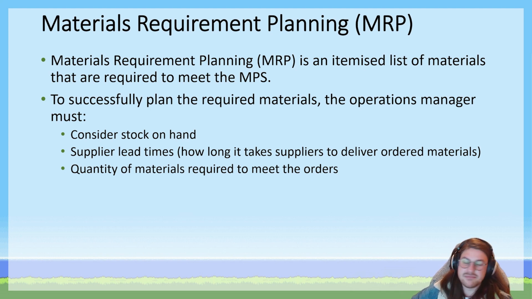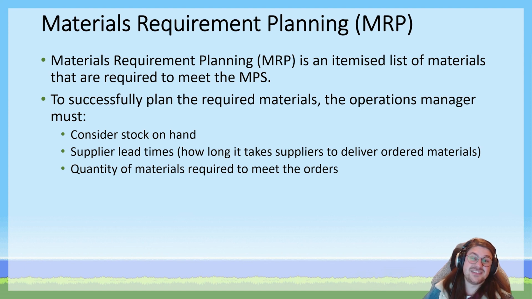Part of your materials requirement planning would be ensuring that you have the quantities of inputs required to meet your master production schedule. Certainly, it would also account for things like the stock that you already have on hand, so you know how much you need to buy of certain input types.